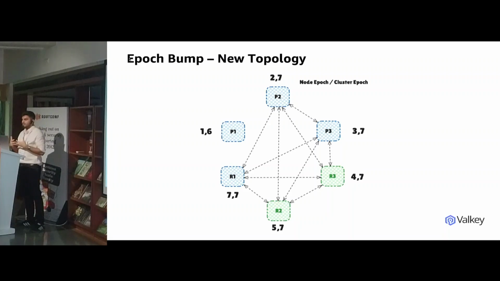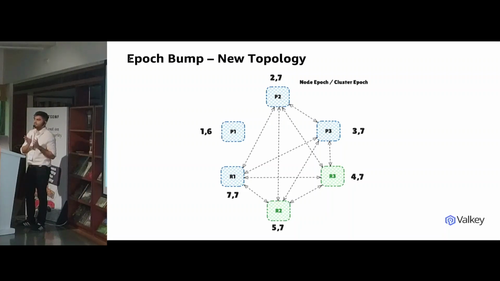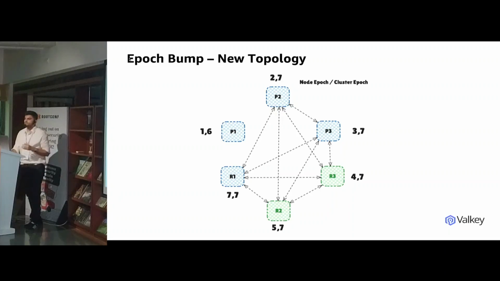And once they converge to a single view, the minority would discover that they were not able to bump any kind of epoch and converge to a single view across the cluster. It's peer-to-peer. Each node communicates with all other nodes.